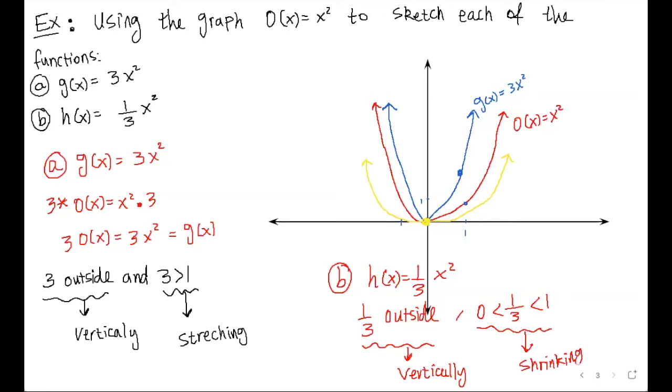So the graph is like the yellow one. This is shrinking and vertically, f of h of x equals 1 over 3 x squared.